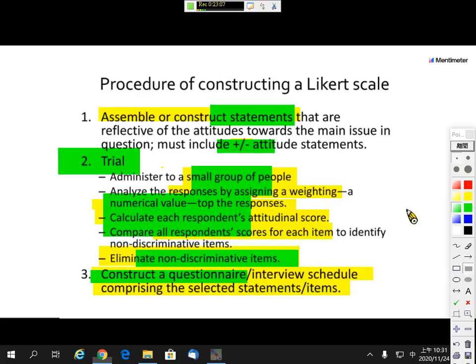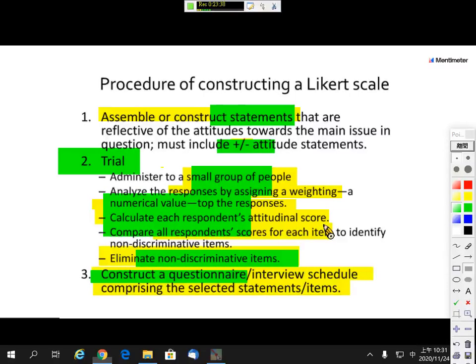Okay. I think for the trial, for example, just now we had an ambiguous word, so you can take that time to change it. Yes, there's another way. Sometimes if you believe this is a very important issue and it has caused some confusion, then you need to revise it. Try to reword it and make it understandable by your respondents.